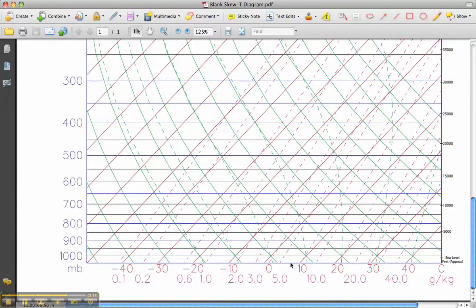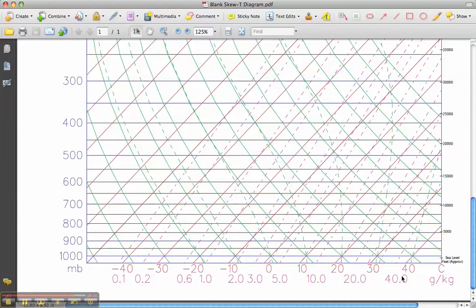If I compare it to the 5, see the 5 here, and I go up to this dashed line, this particular dashed line shows an air parcel that has 5 grams per kilogram. And so 20 being greater than 5 means you have more water vapor as we go to the right.